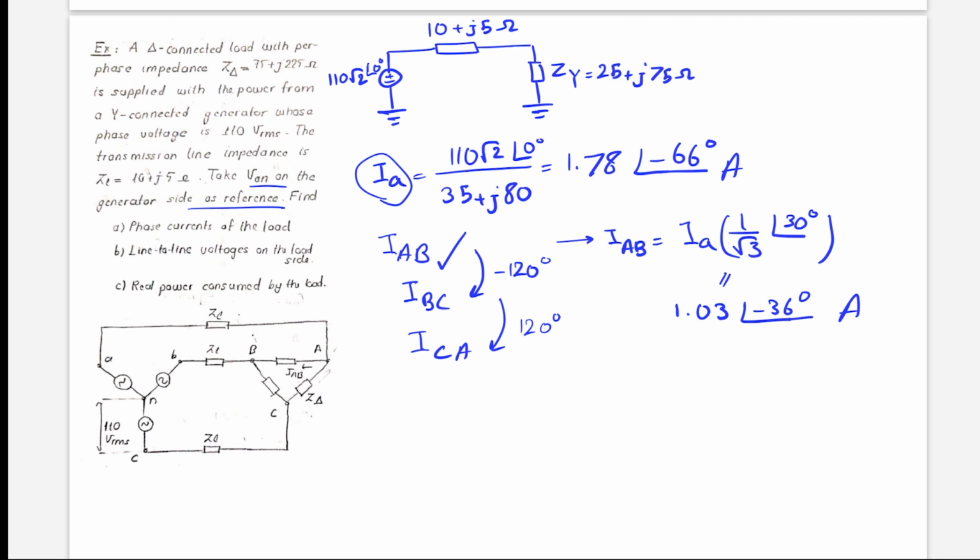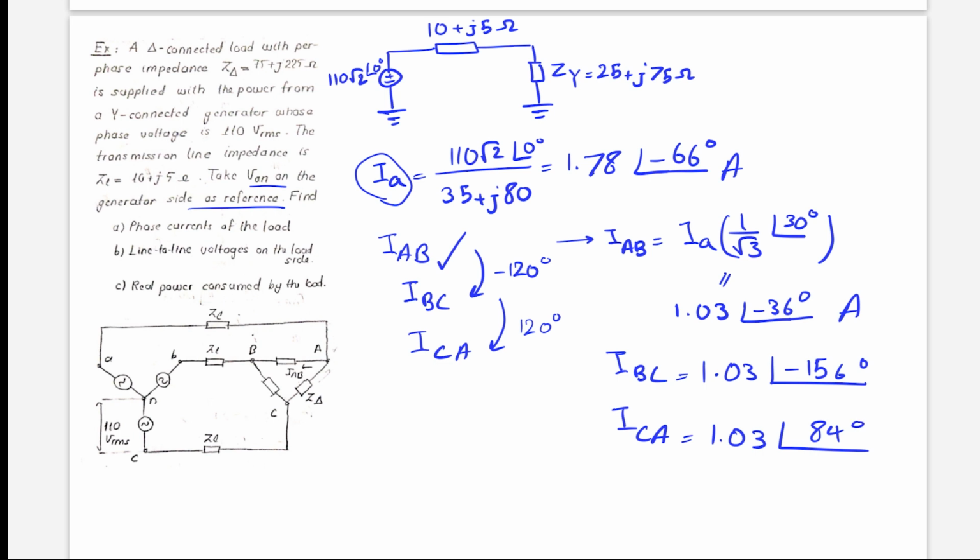So once we have this, then IBC will be the same magnitude, but we subtract 120, so it will be minus 156, and ICA will be 84 degrees.